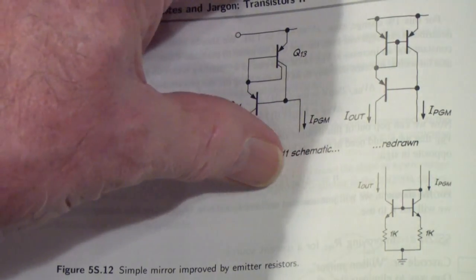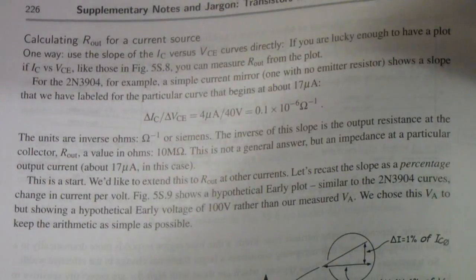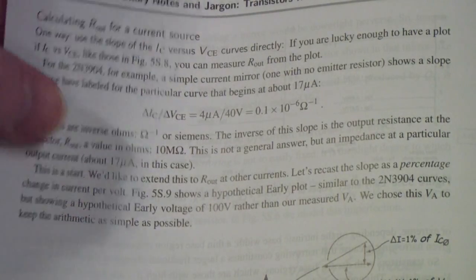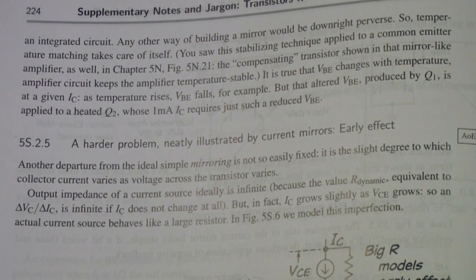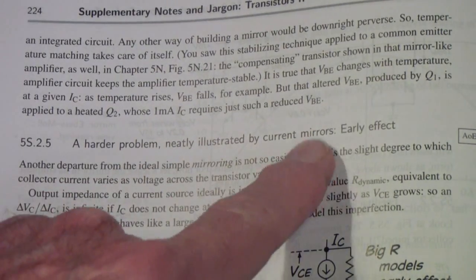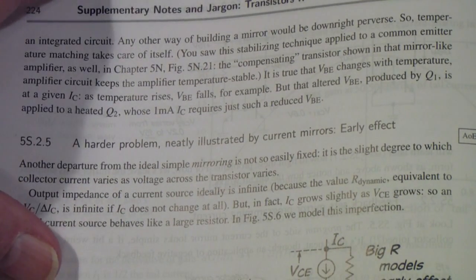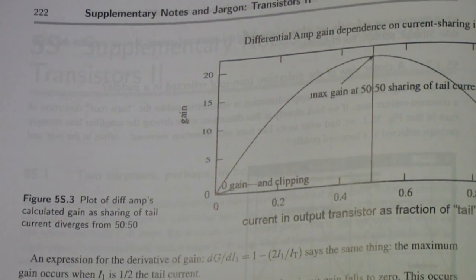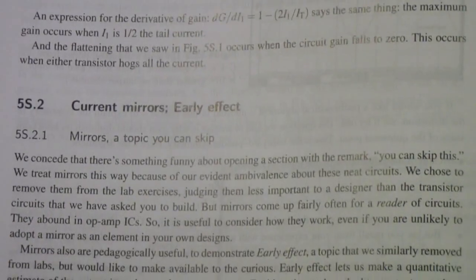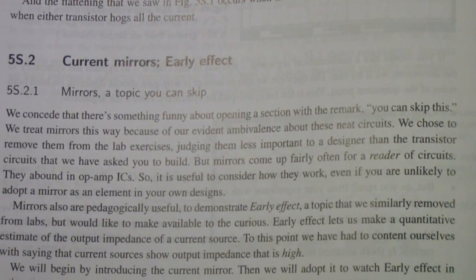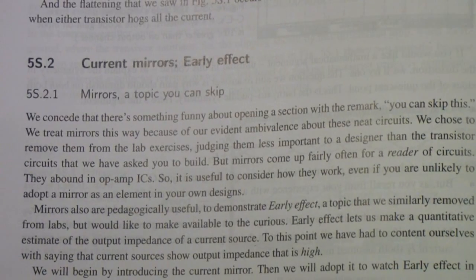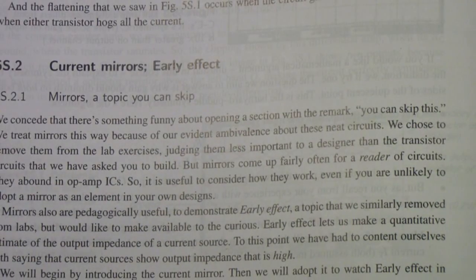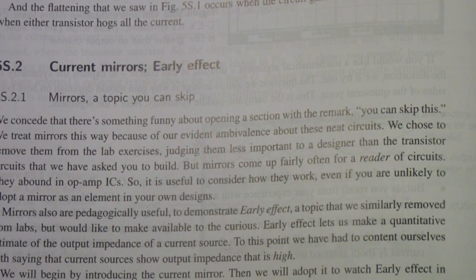Unfortunately, there are no lab exercises on this, and the reason is that for reasons that the author explains at the beginning of this, where it says a harder problem, and then neatly illustrated by current mirrors, early effect, when he introduces the idea of current mirrors here, he said, we concede that there's something funny about opening a section with a remark, you can skip this.